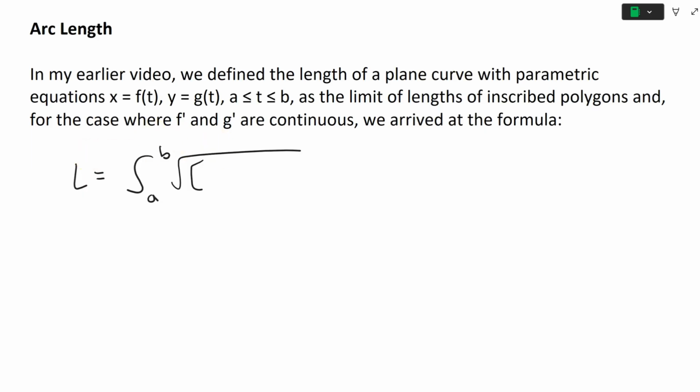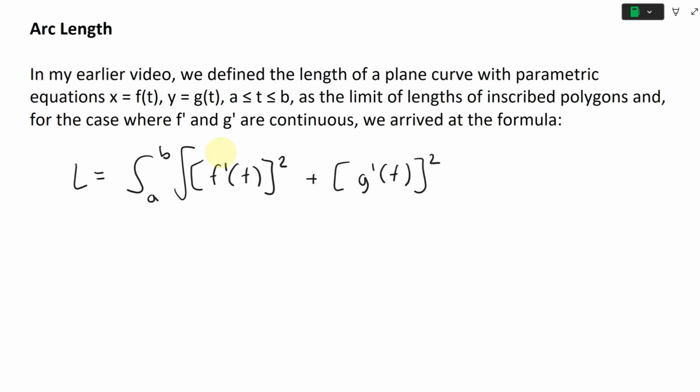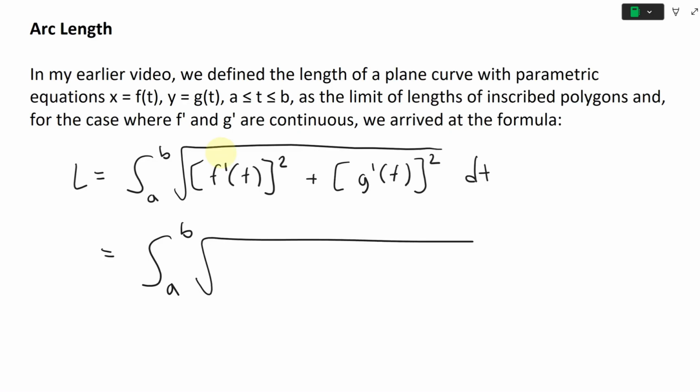It's the square root of f prime of t squared plus g prime of t squared, dt. And this equals, you could also write it as, the integral from a to b of the square root of dx over dt.